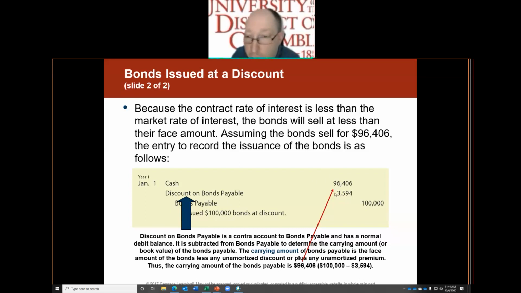Of course, we have to make sure that our debits equal our credits. So we have this account called discount on bonds payable to represent the discount we are receiving from the sale of the bond, $3,594, and of course bonds payable, $100,000. Any questions on how that's accounted for, or does it make sense?